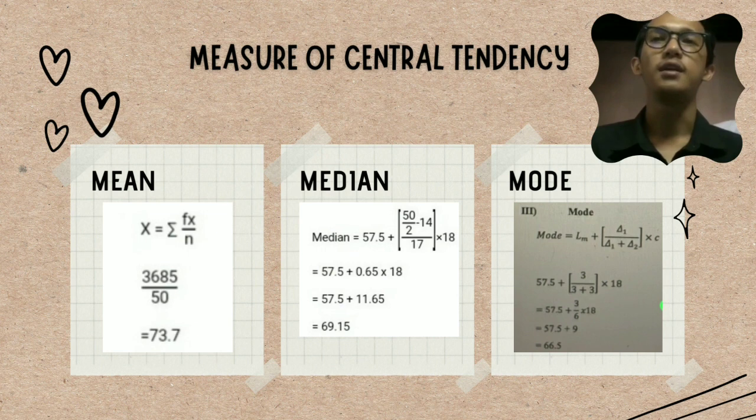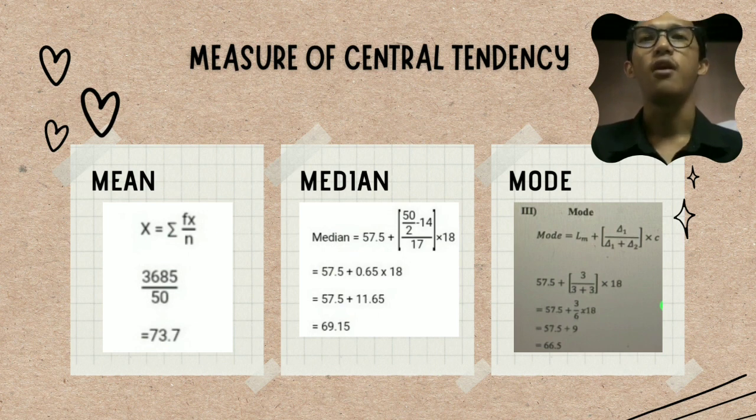Secondly, the median. The way to get the median is to take the sum of the frequency divided by 2. Then, look at the cumulative frequency to find the class where that number falls, and calculate together with the lower class boundary and class size.